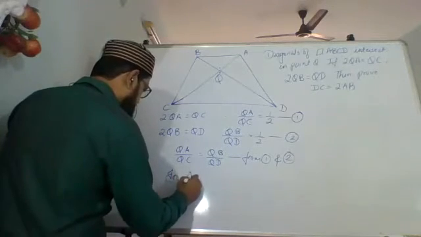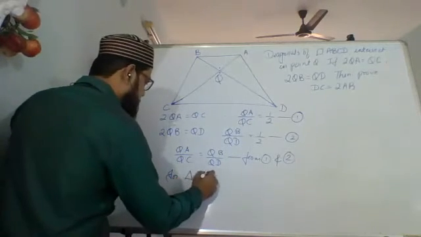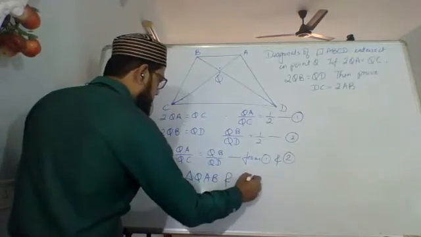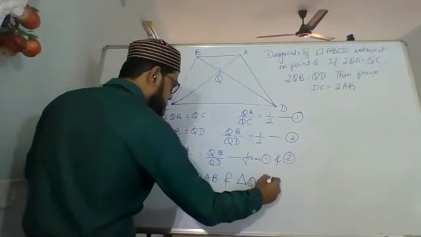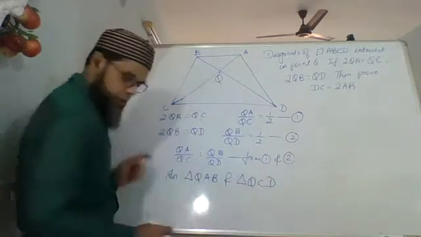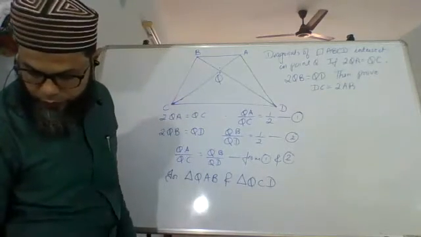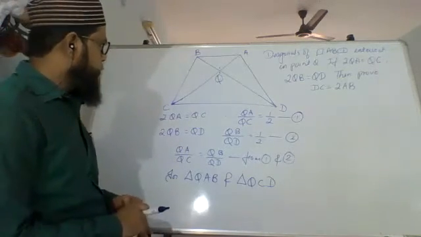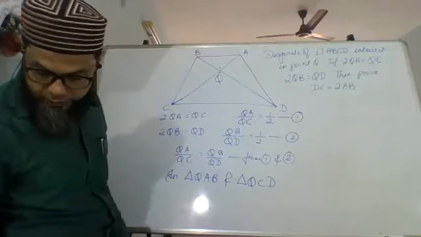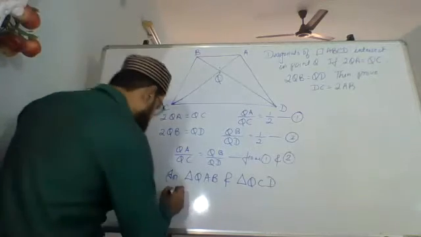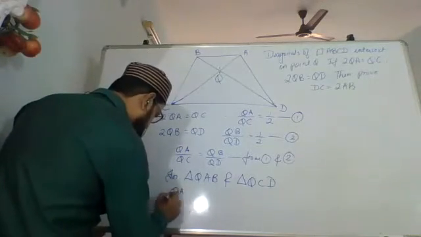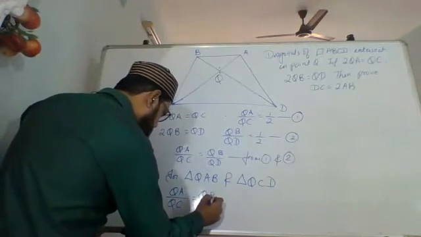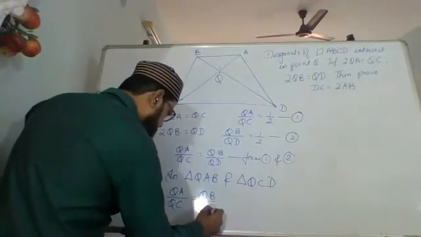In triangle QAB and triangle QCD, or AQB and CQD, whichever way you write, you have QA upon QC equals QB upon QD.